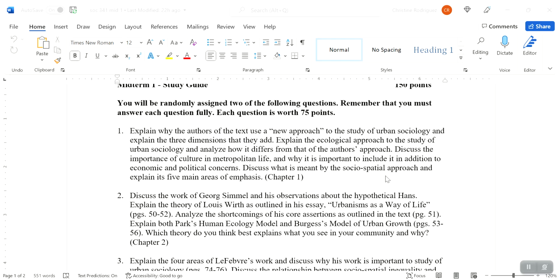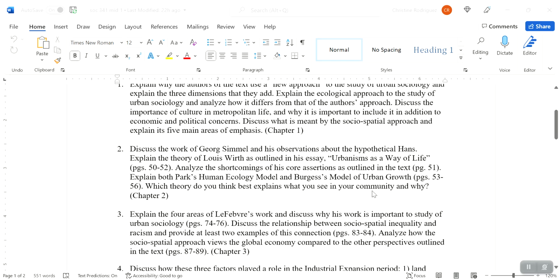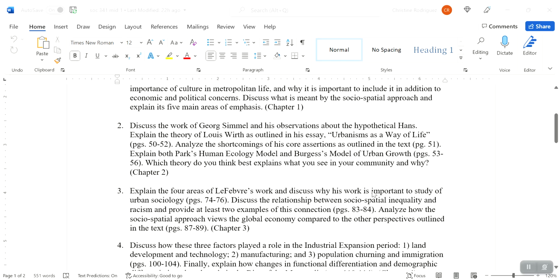And then number 2 is from chapter 2. If you read chapter 2 in depth, you recognize that Georg Simmel was very influential in his work in urban sociology. His work influenced quite a few thinkers. Some were even his students.